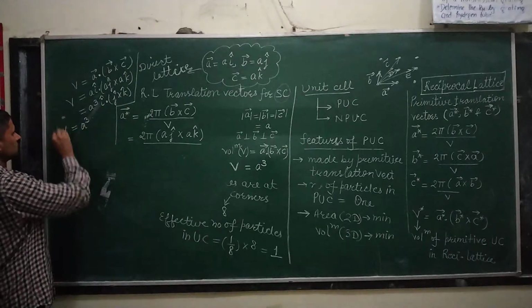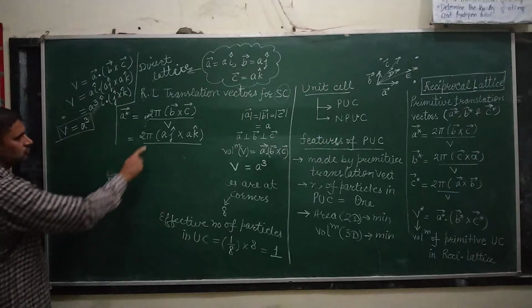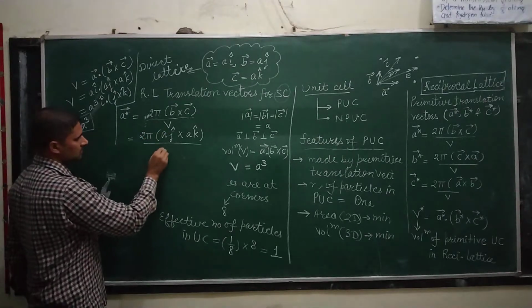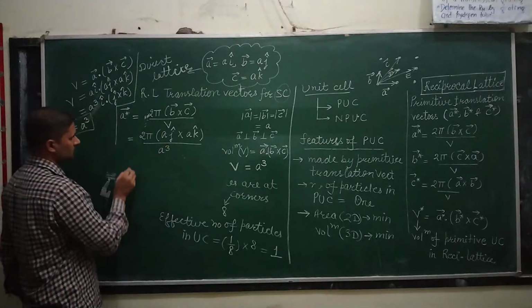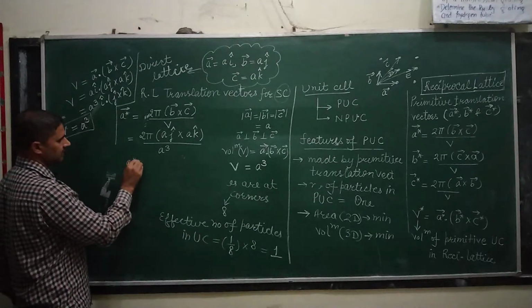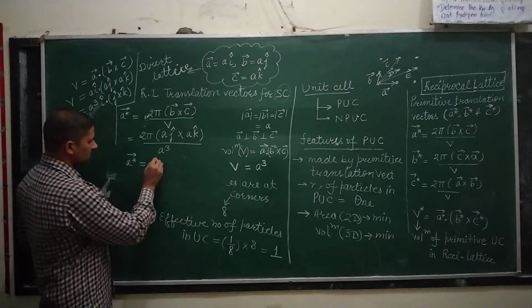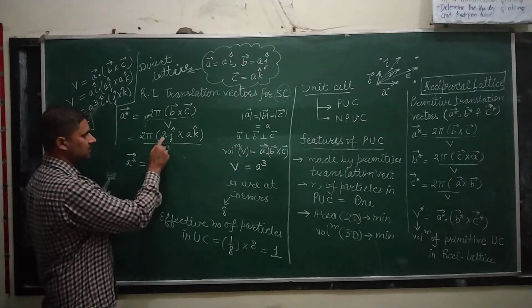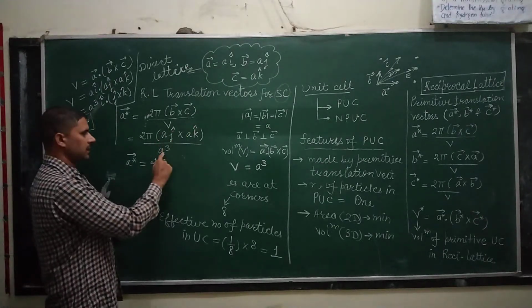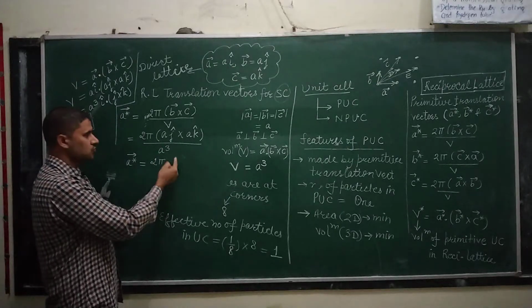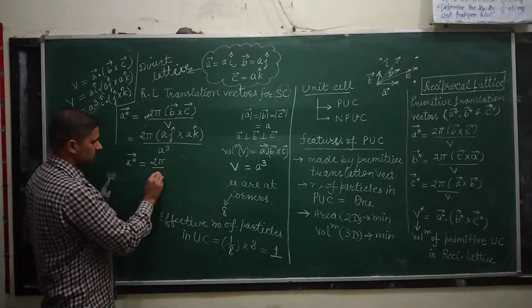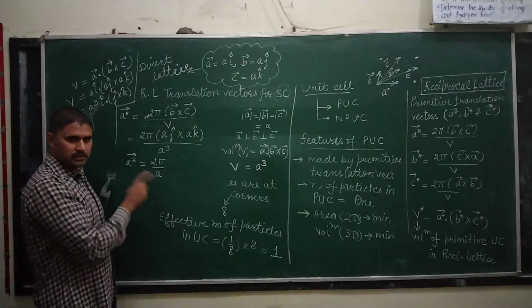Okay, so this is the volume, so I can put the value of v, it will be a cube, and if you solve it then you will get a star is equal to 2 pi a into a square, and a cube is in the denominator, so if you solve it you will get a in the denominator.